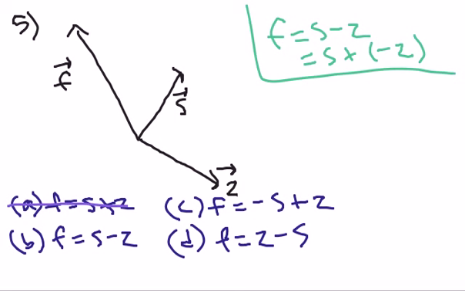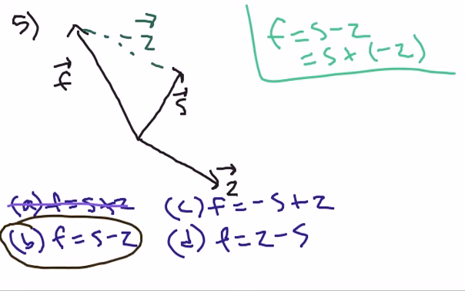I know that's not the perfect line, but that would be negative Z, which gets me to the resultant vector of F. So in this case, my answer would be B. And I don't even have to worry about the other ones because it's multiple choice. There's only one correct answer.